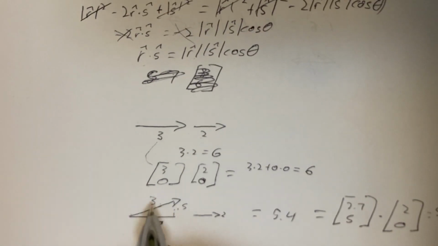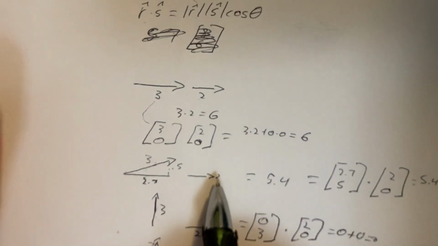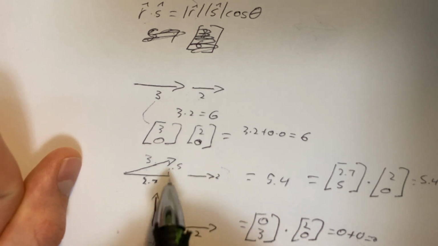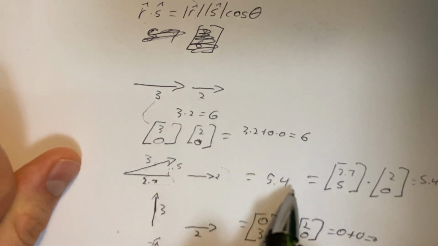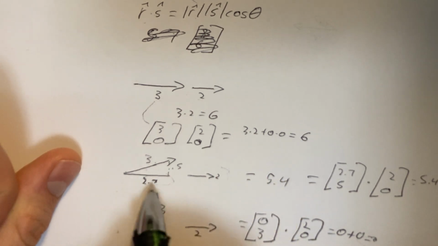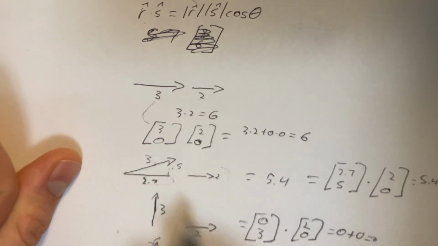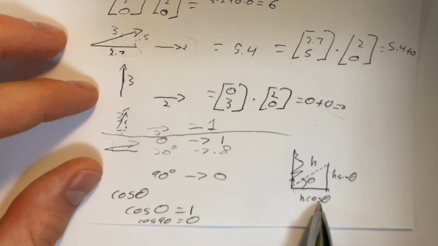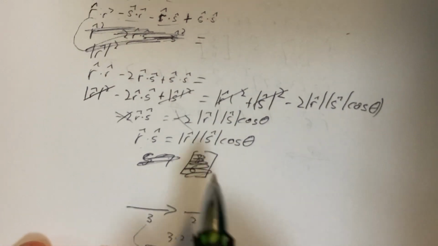What we can think of all of these dot products as doing is essentially taking the length of this one times the length of this element right here, and returning our output, our dot product. And we know that the length of this right here in terms of the hypotenuse is h cosine theta. Remember that from trig, from SOHCAHTOA, etc. And that's sort of the formula we just came out with here.